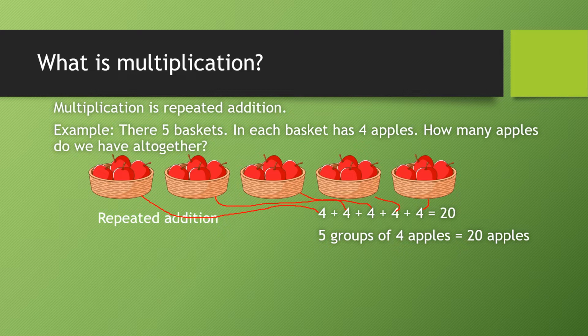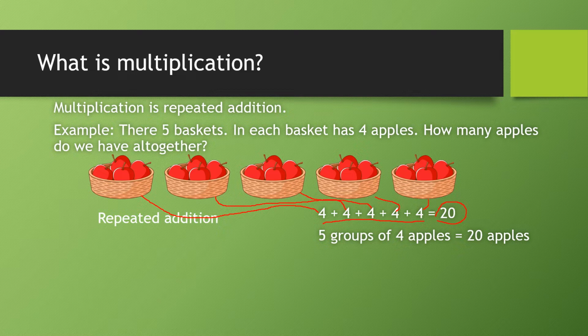So we have to add these apples. We have 4 apples in this basket, 4 apples, and 4 apples. So we put all in like this. And what is the answer? It is 20.